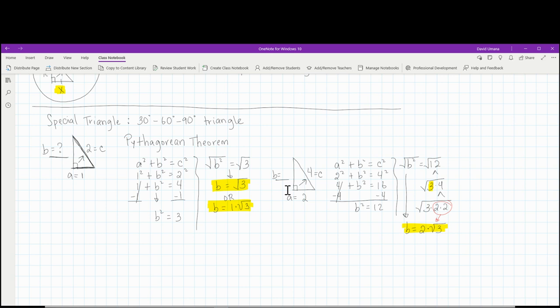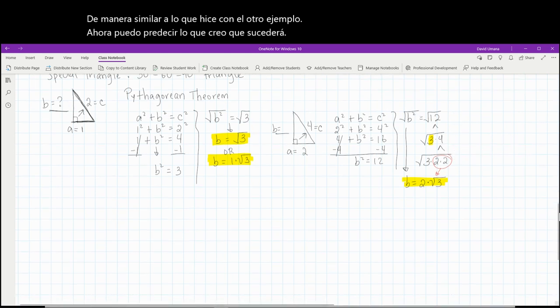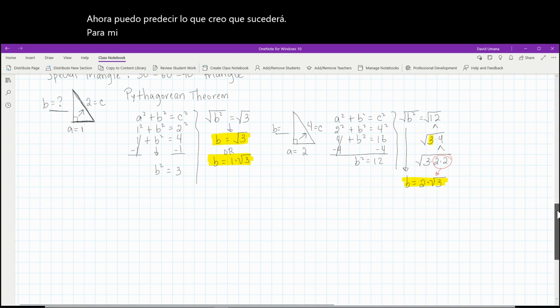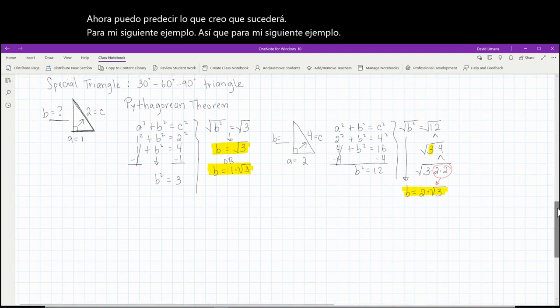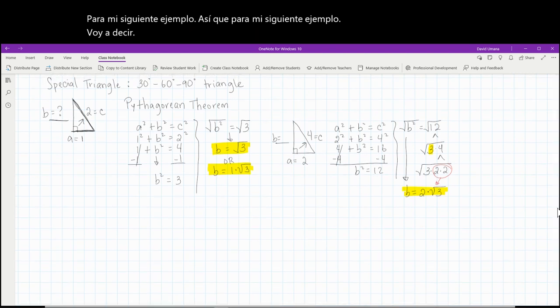Now, similarly to what I did with the other example, I can now predict what I think will happen for my next example. So for my next example, I'm going to say, suppose my triangle looks like this. My shorter side is 3.